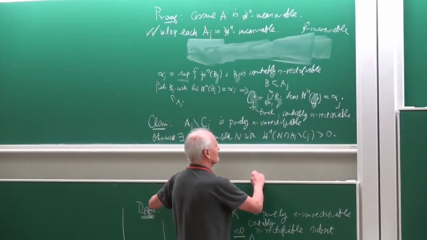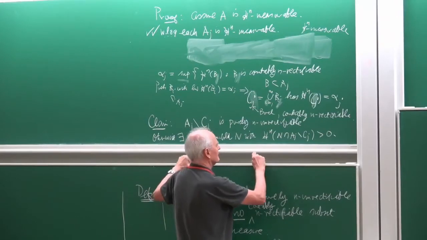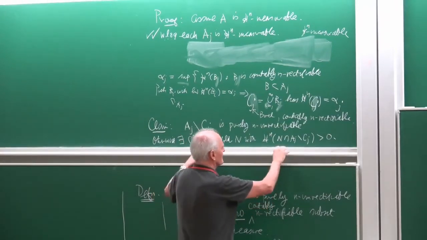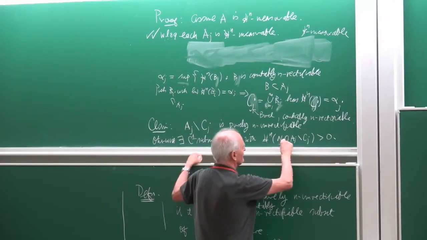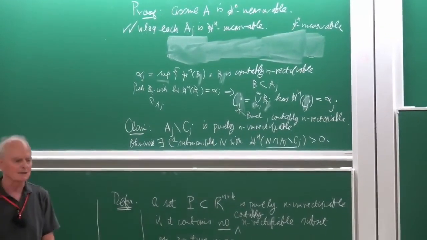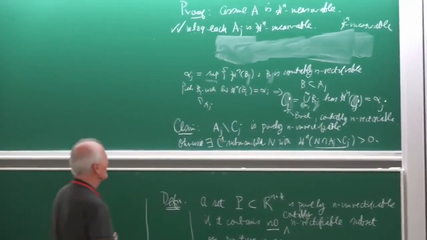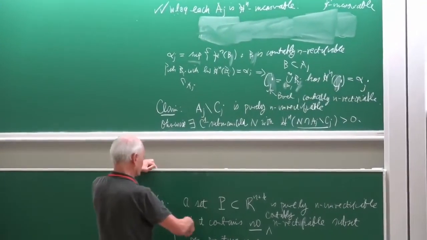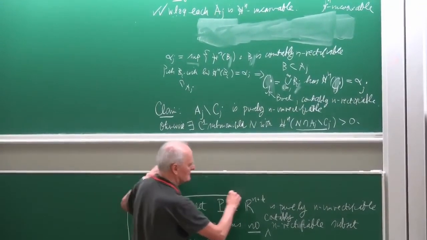Let's see. Right. Now notice this is a measurable set, right? So certainly there's a Borel set contained in it of positive measure. So let's finish the argument here.